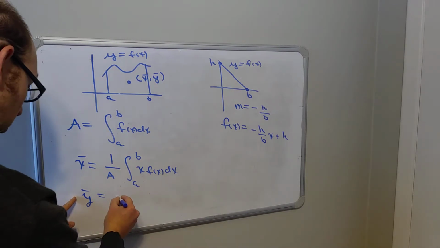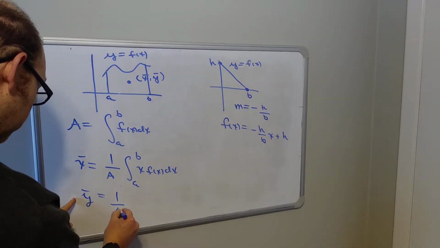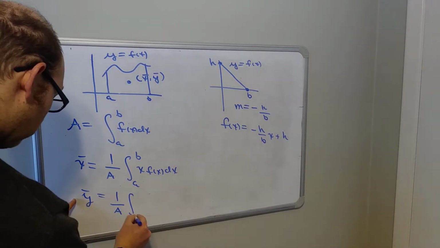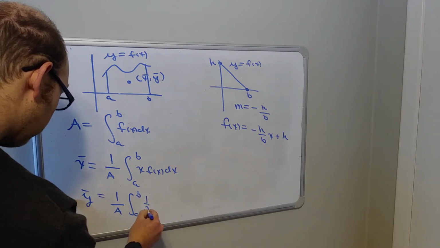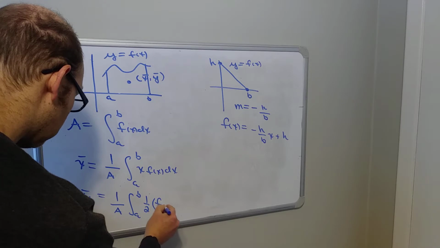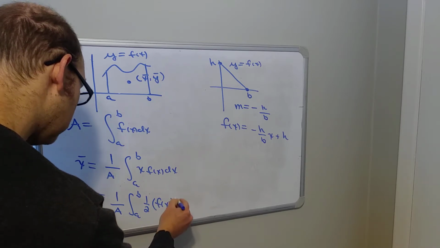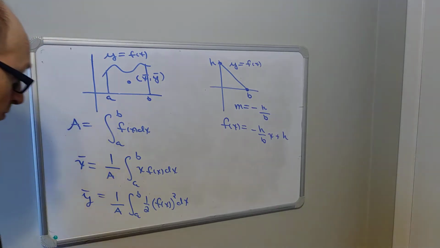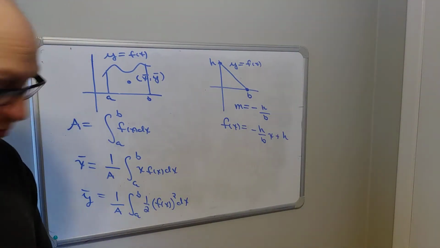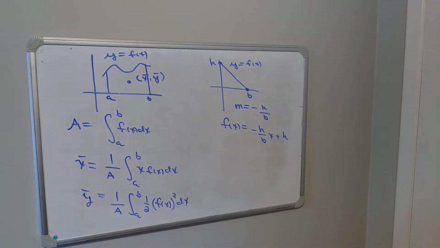And for y bar, it's 1 over A times the integral from a to b of 1/2 times f of x quantity squared dx. Alright, so copy down those formulas, and I would recommend that you memorize them.